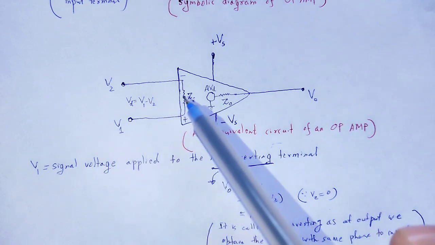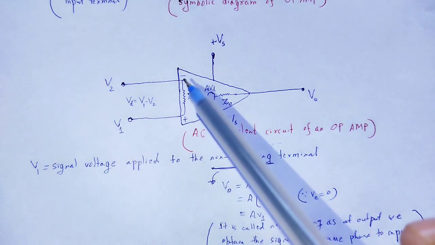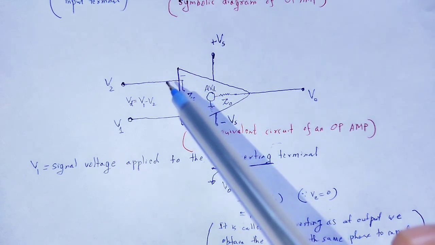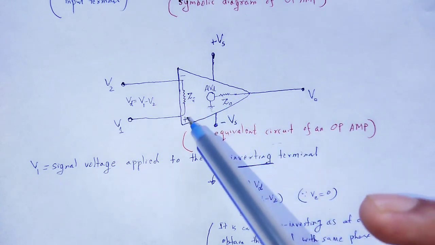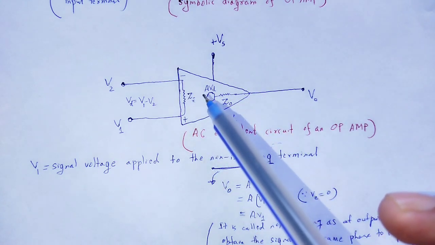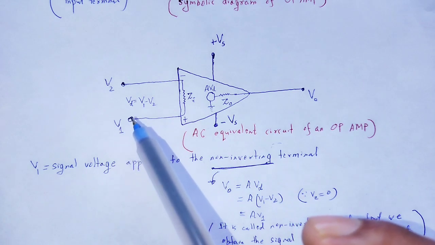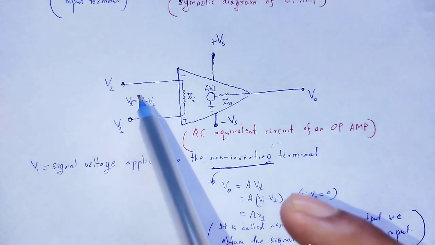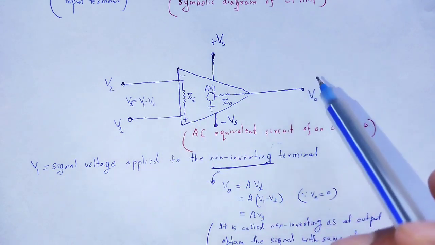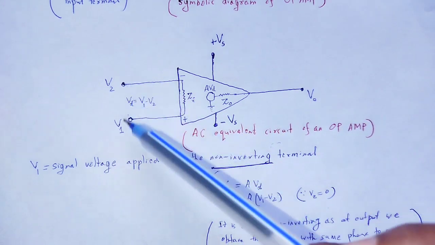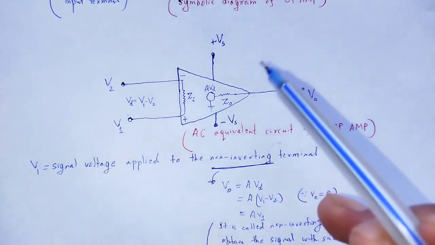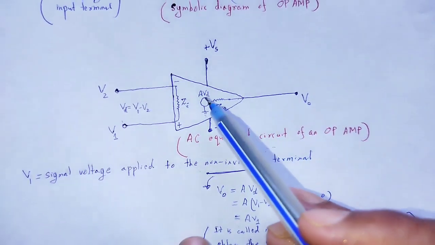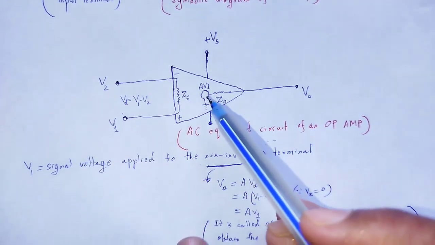As we say, the basic building block of an operational amplifier is a differential amplifier. The difference in input voltage is amplified at the output. Input voltage difference, input impedance, output impedance, power supply, output voltage, that is the voltage gain.